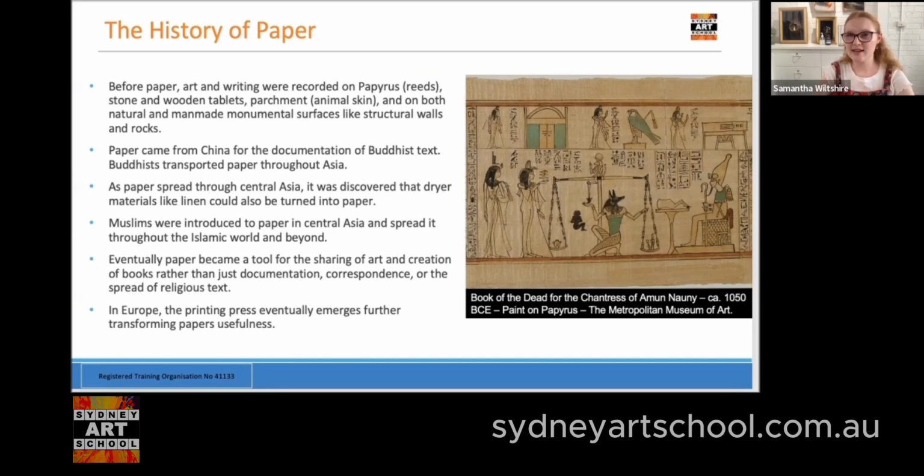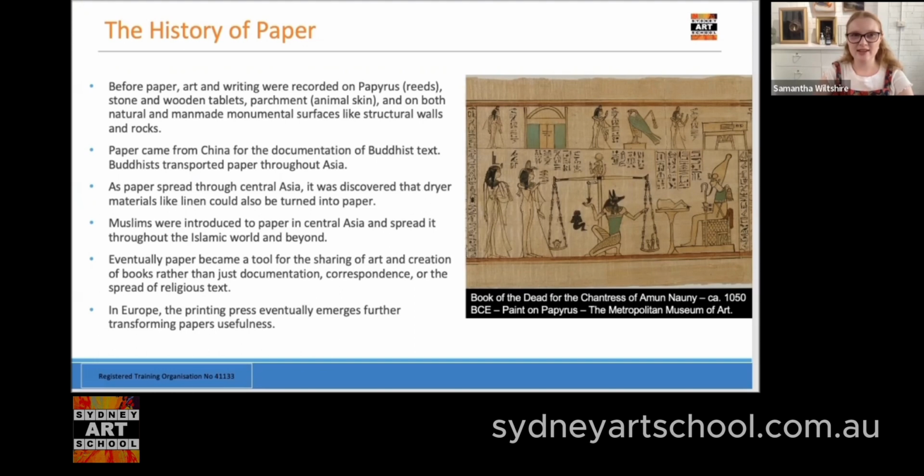These Chinese Buddhists, when they were in China, used traditional plants to create their paper. Then when they traveled further throughout Central Asia, they no longer had access to these traditional plants. That's why they needed to start experimenting with new options.